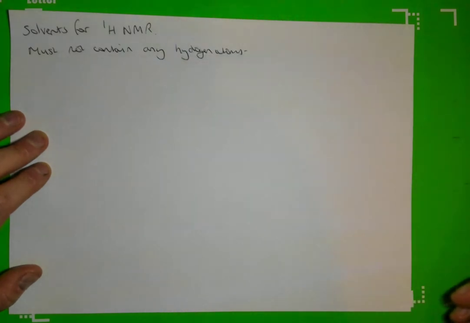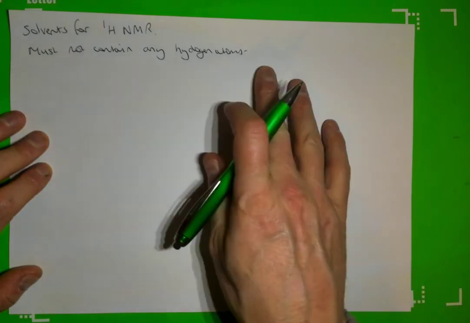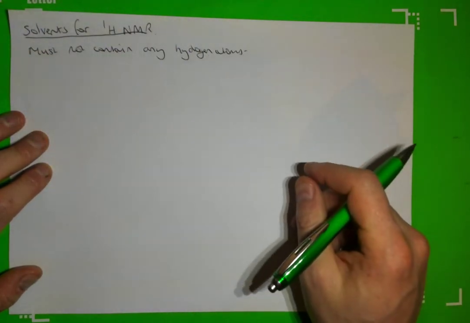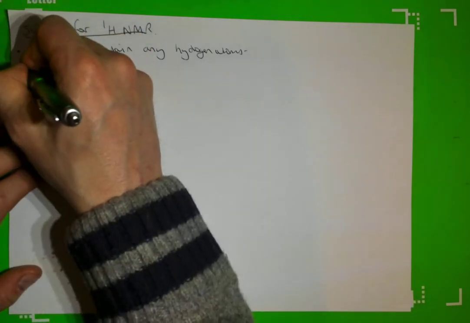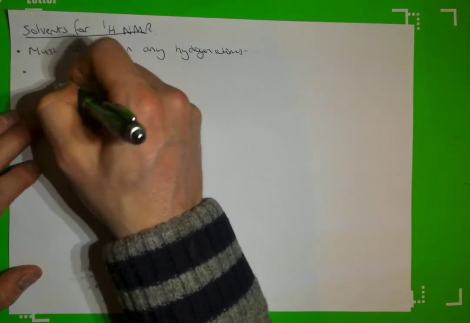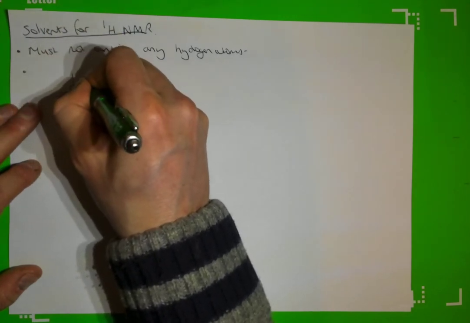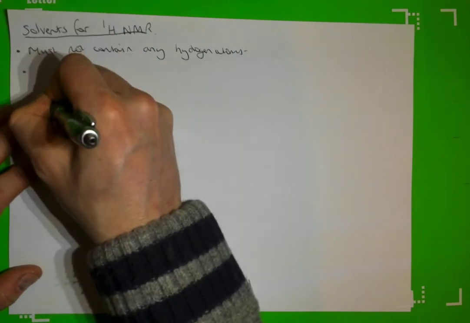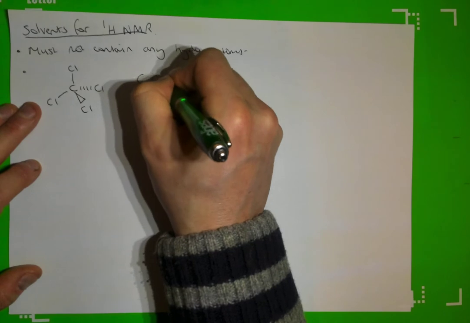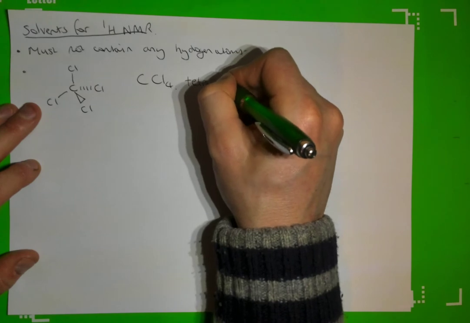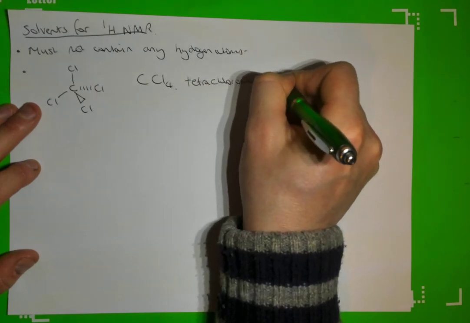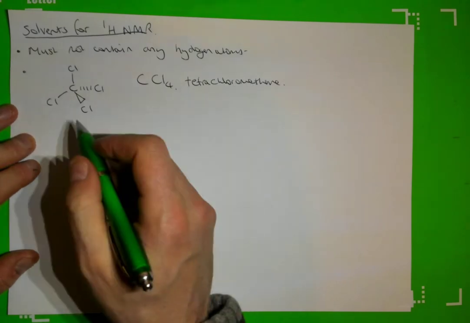I hope that's very clear, because otherwise the signal from the hydrogen atoms of the solvent would swamp the signals from the hydrogen atoms in the sample, because there's more of them. Okay, so it mustn't contain any hydrogen atoms. That's our first thing. So one common solvent is this molecule here, CCl4, which is tetrachloromethane. So this doesn't have any hydrogens in it.